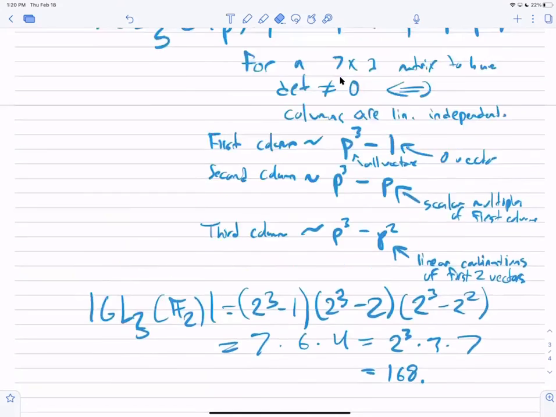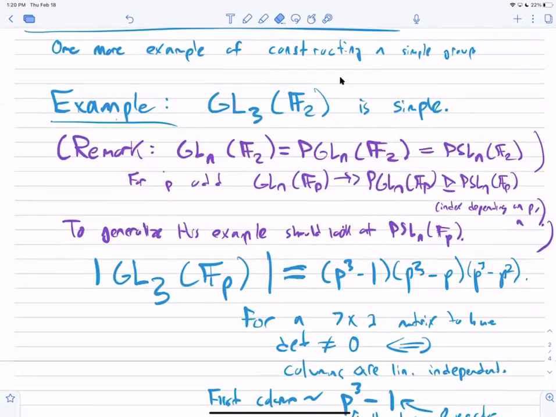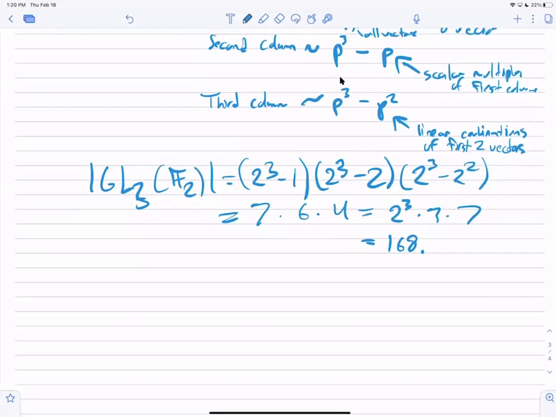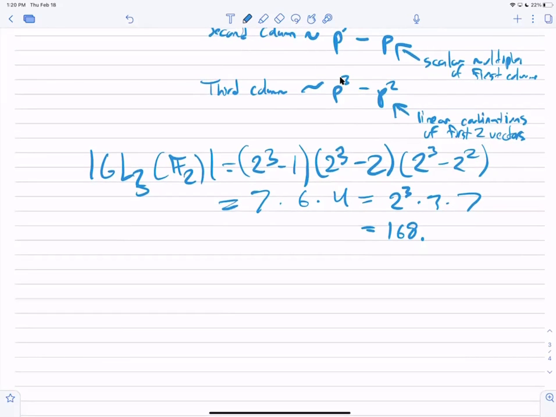So we wanted to prove that this group GL3 of F2, a group of order 168, is simple. Part of the proof is going to look a little bit like the proof that the alternating group is simple. Let me recall what we did when we proved the alternating group was simple. We did this inductive argument.